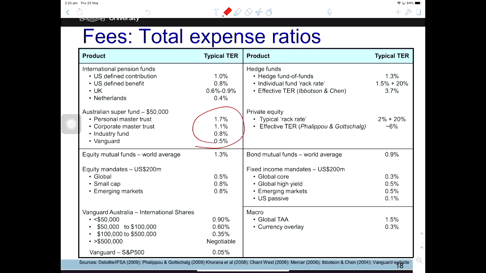And you probably have found out that Vanguard Australia international shares is close to 1%, and even the Australian shares fund is close to 50 basis points. In Australia, Vanguard charges a higher management fee than in the US market.